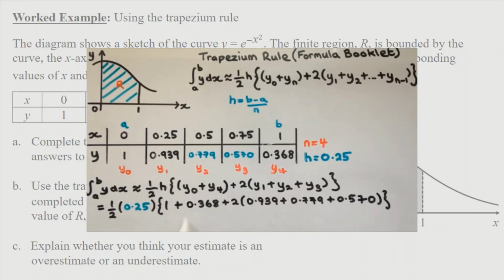We've got the h in there, we've got y0 and y4 and 2 lots of these 3 values. Everything is in there. This is just going to give us a number for our answer, so let's evaluate it. So on your calculator, just plug all that in and you're going to get the following. So that's 0.74 to 2 decimal places.